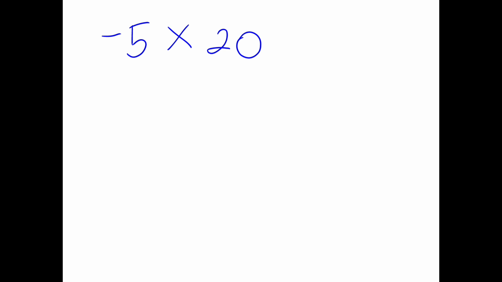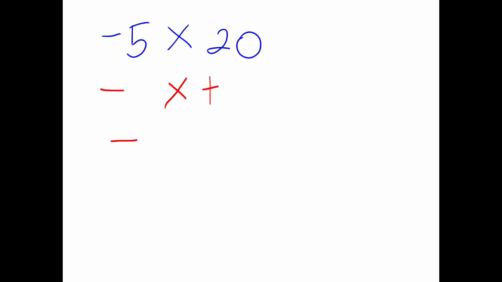So we know that our 5 here is having a negative sign, minus, multiplied by 20, which is having an invisible sign of what? Plus. Very good. So let's settle the sign first. As usual, we have minus times what sign here? Plus. Very good. So minus times plus is what?